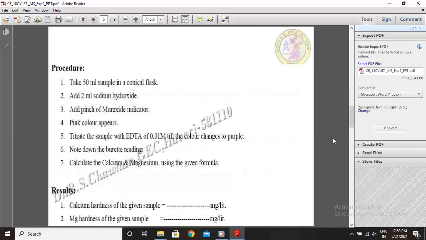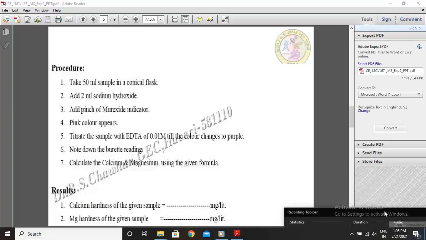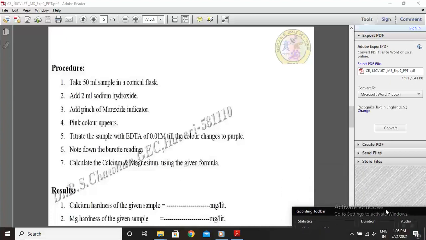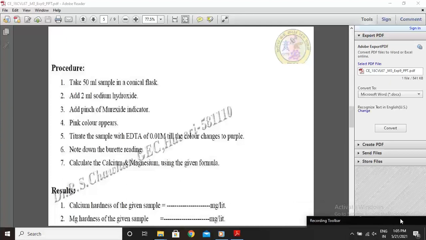Next, the procedure. How is this experiment conducted? Now see the steps. Take 50 ml sample in a conical flask. Add 2 ml sodium hydroxide. Then add a pinch of Murexide indicator.